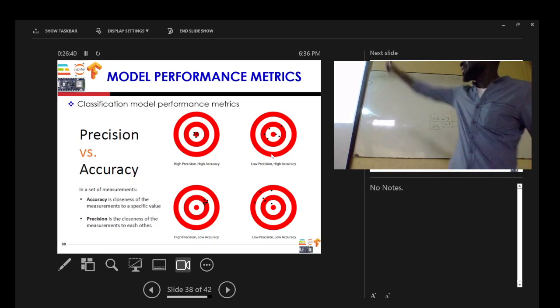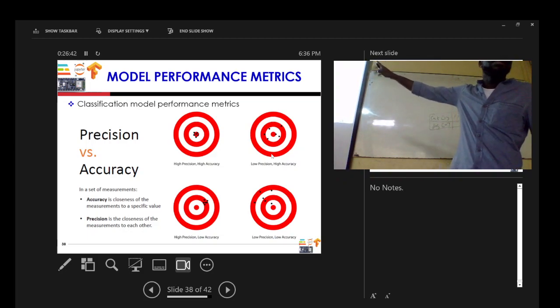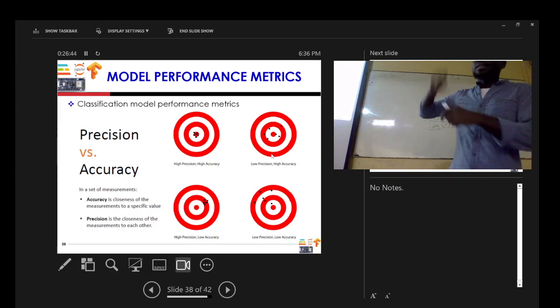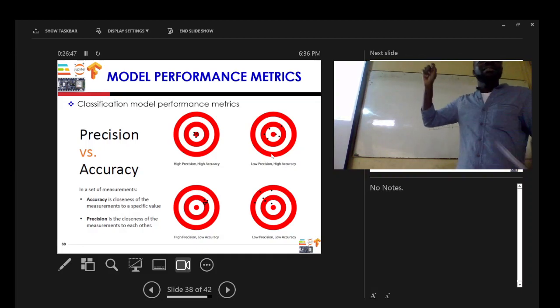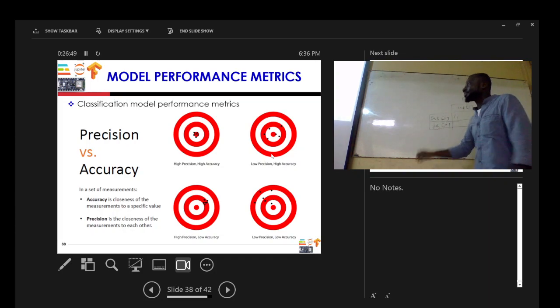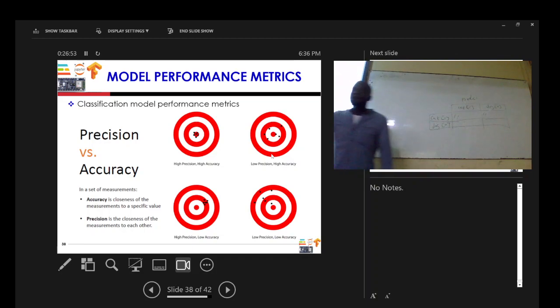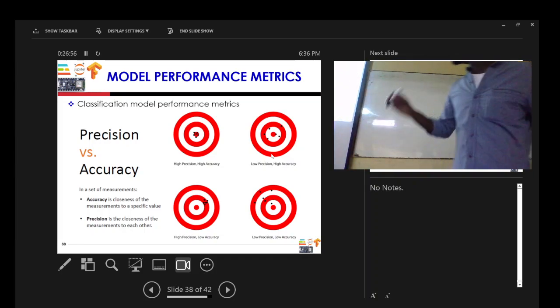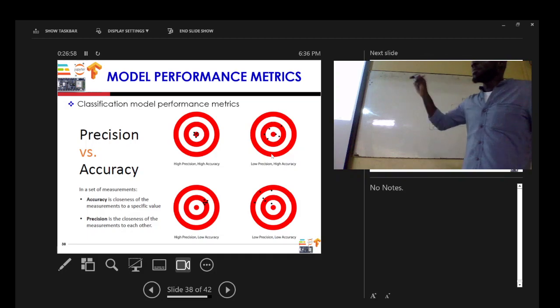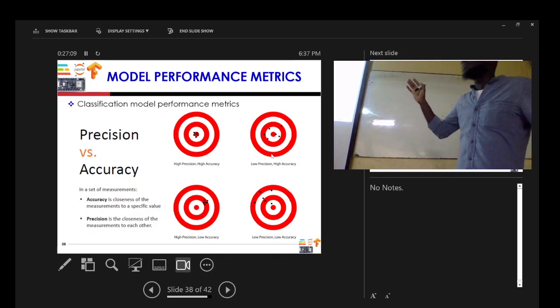If you are given a dart, and my target is the dot inside, and I do five throws and I'm able to hit all of them within that spot, we say that you have high precision, and then you have high accuracy.